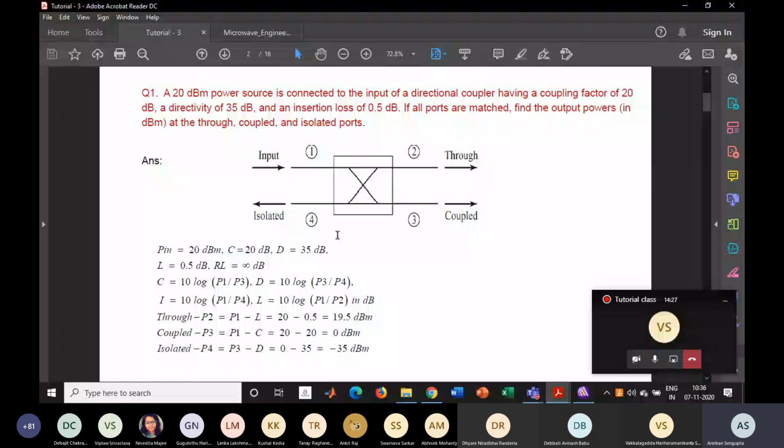That is P3 minus the directivity, the power at the coupled port minus the directivity. So coupled port power is 0 and directivity is set as 35 dB. So the isolation will be minus 35 dBm. So this is the answer of the first question.